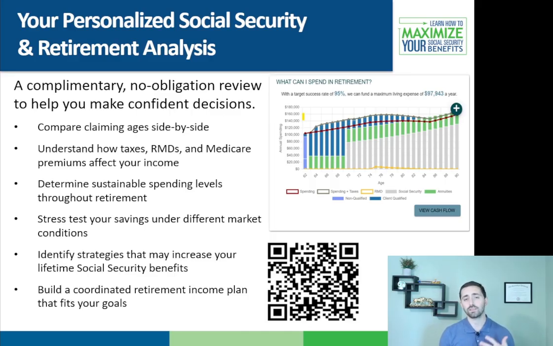When we do the consultation, it's going to start with that asset review as I mentioned, and what we do from there is we actually put it through a simulation software that's going to predict hundreds of thousands of potential market outcomes that you could be facing. And what's nice about this is it gives us a range of what that retirement plan looks like, both on the worst case scenario on the low end, but also on the best case scenario on the high end.